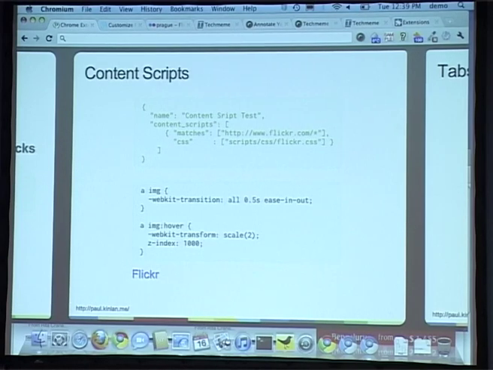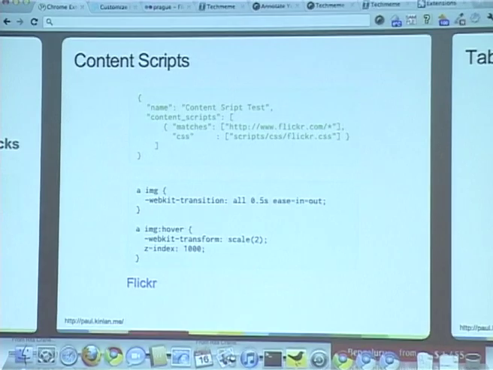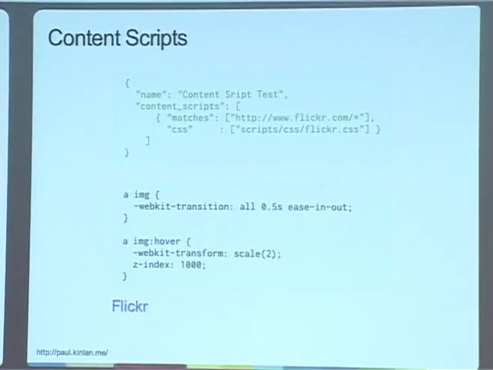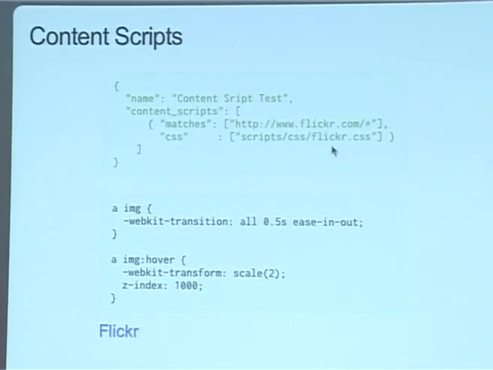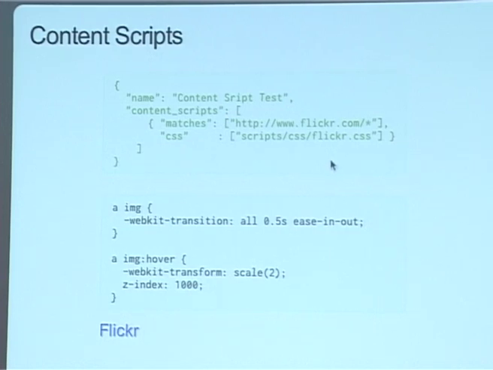So the first one, and it's quite a powerful API, is content scripts. This content script is really simple, but it provides a nice piece of functionality. It's really easy to define. You define in your manifest a section called content scripts. You also define where, with this matches element, the content script can run.